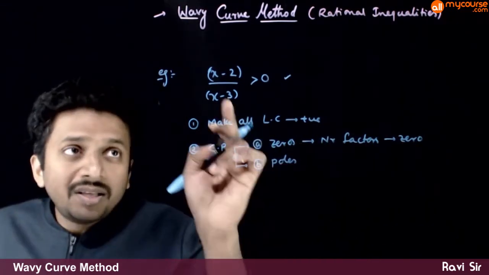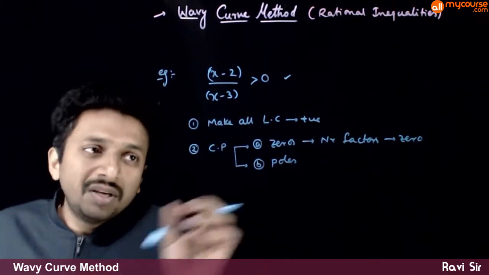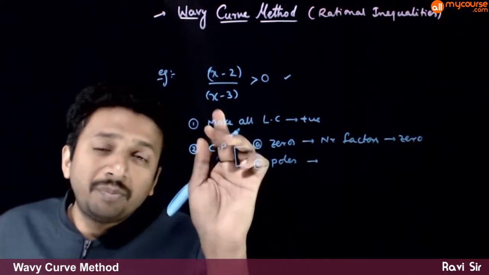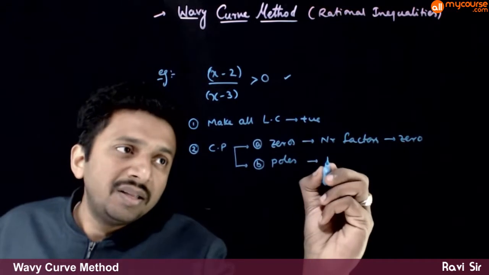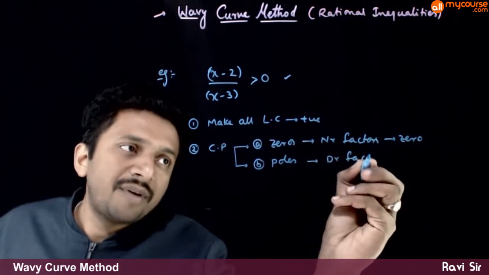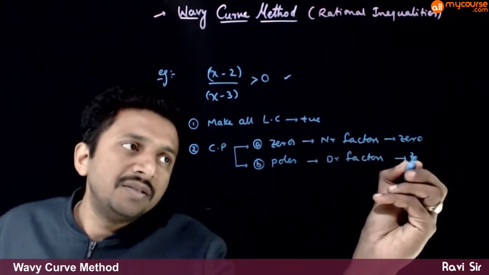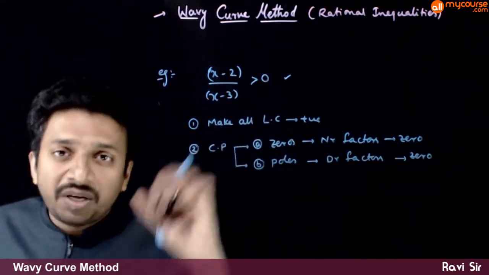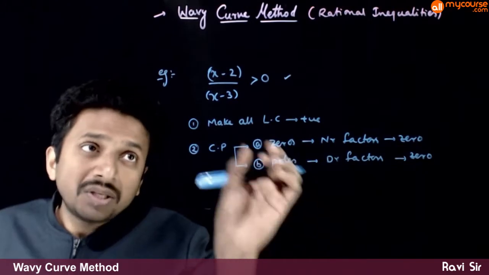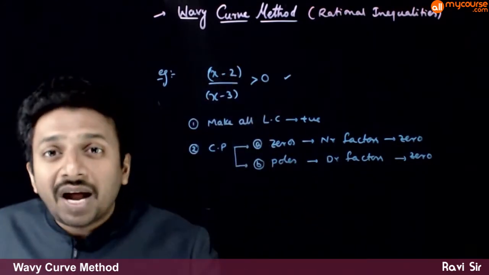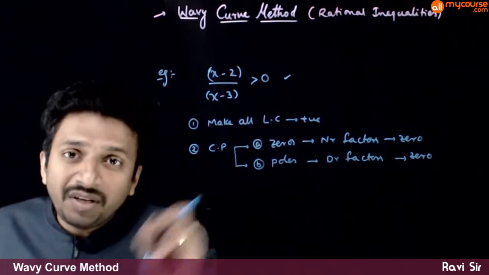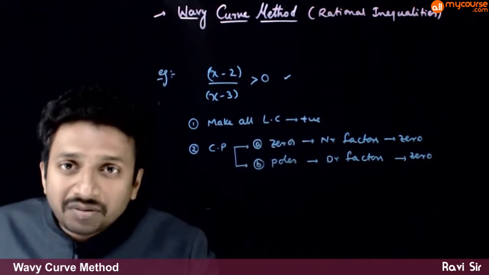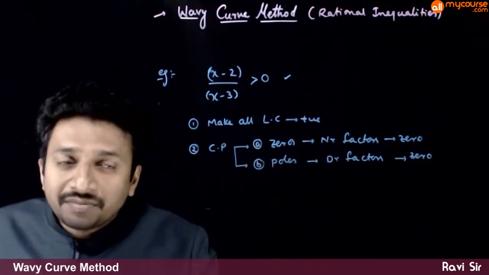These are called the zeros of the inequation. And poles are the values of x where the denominator factors become 0. Zeros are the points where the expression becomes zero, and poles are the points where the expression becomes undefined. That is the difference between zeros and poles. Both are critical points.